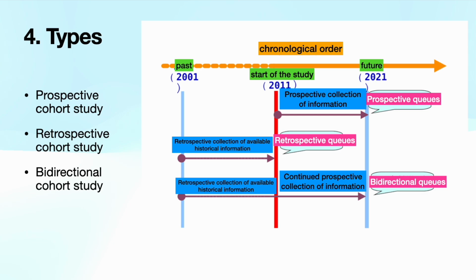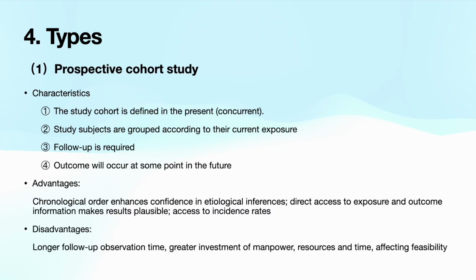It has three types. The first one is prospective cohort study. The study is defined in the present and study subjects are grouped according to their current exposure, and follow-up is required, where outcome will occur at some point in the future.